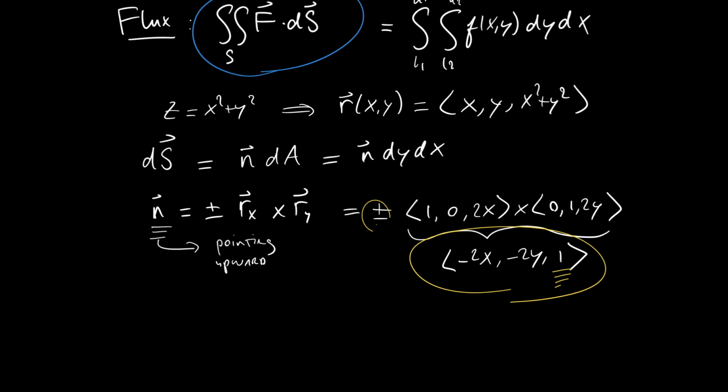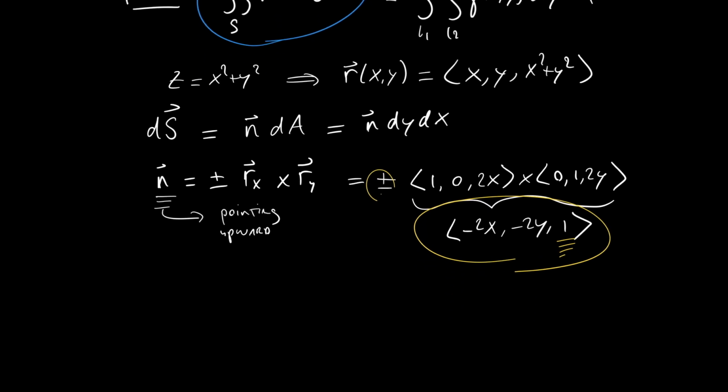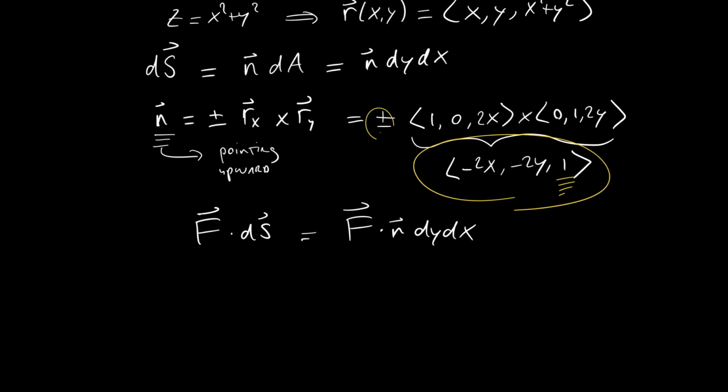So now that we have that area element in place, we can start calculating the integrand of that flux integral. So F dot dS is F dot n dy dx. Since we know that F is the vector field (z, z, z), where all components are z, we take the dot product of that with our normal vector (-2x, -2y, 1), and integrate over dy and dx eventually.